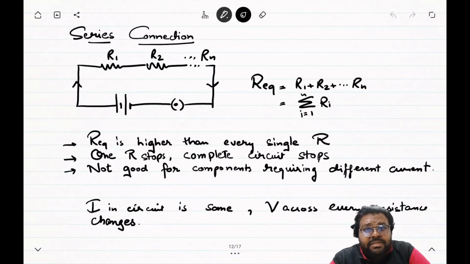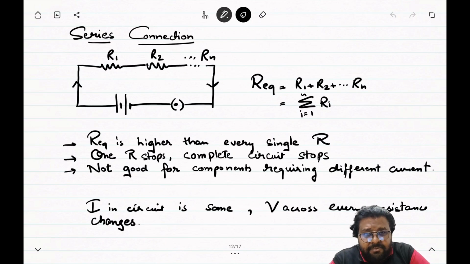Now, these resistances which we are studying, the resistances means any electrical appliance, it contains some coils, some components which provide a particular resistance. So the devices which provide resistance are resistors. Talking about the resistors, we can connect them in two various schemes.